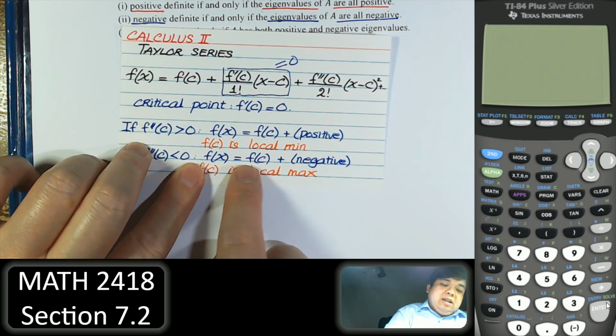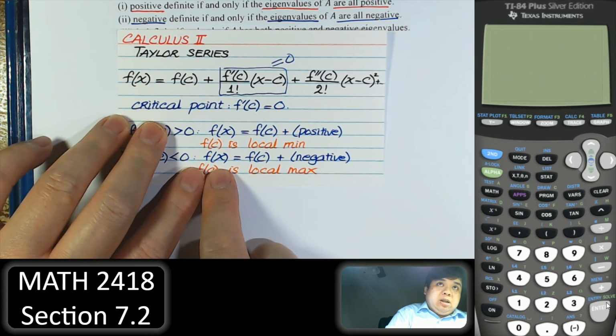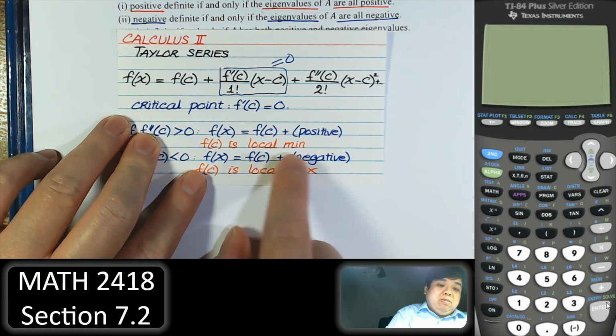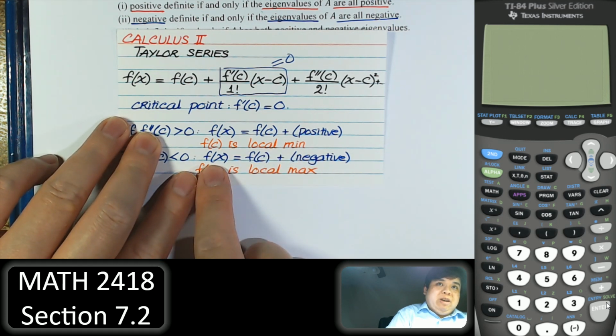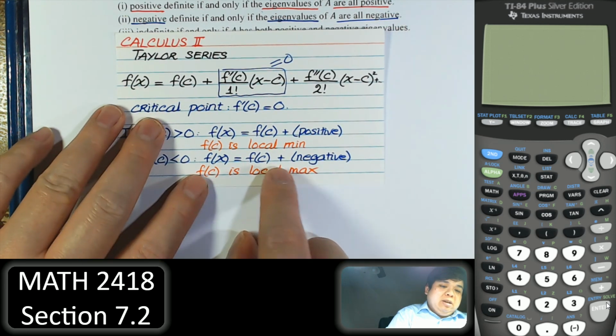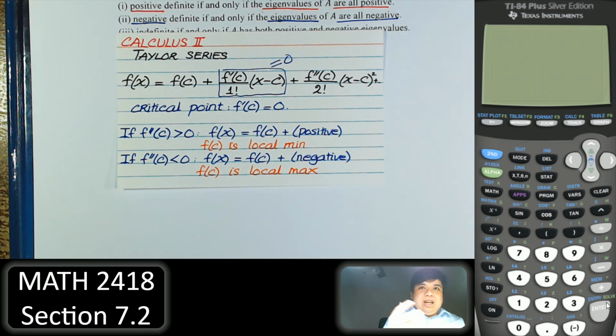In this case, f of c is bigger than f of x, because we have a number and have to subtract something to equal f of x. So f of c is bigger, so that is the local max. So the idea here is that the second derivative represents the positive or negative definiteness.